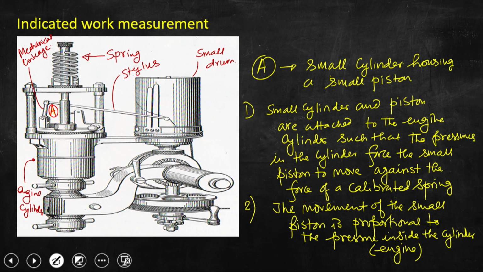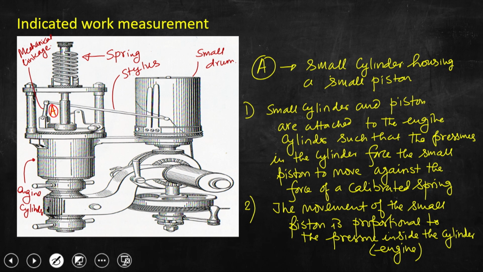If we go back to the previous slide, the piston is having movement inside the small cylinder, and the piston movement is proportional to gas pressure that we have discussed. Now, the piston is connected to this mechanical linkage which is relatively large.